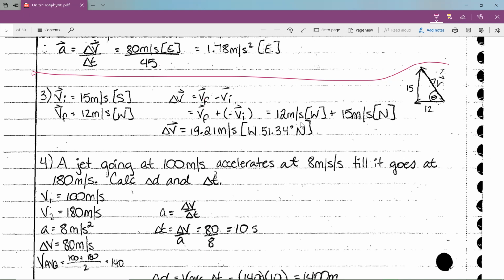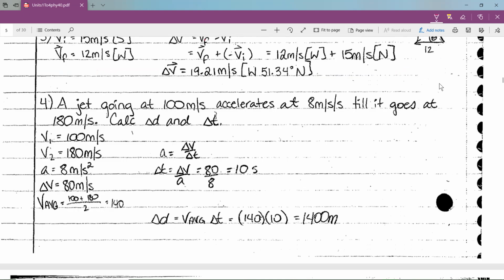So that's 12 meters per second west plus 50 meters per second north, right? North is the opposite of south. So we don't subtract vectors, we add the opposites. Using the Pythagorean theorem, delta v is 19.21 meters per second west, 51.34 degrees north. So that is my change in velocity.